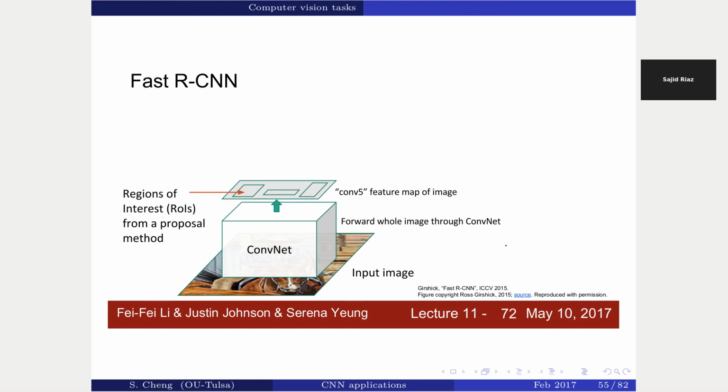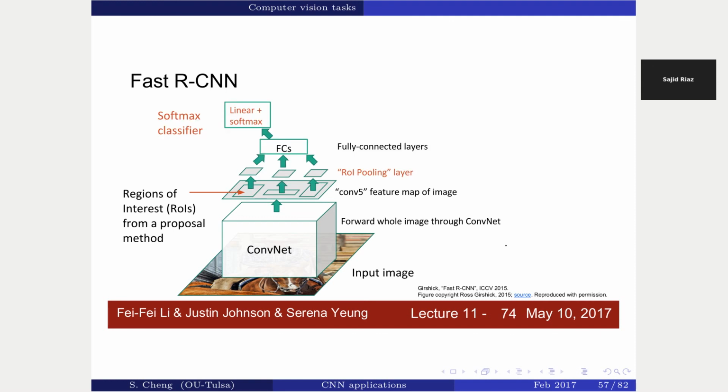Then I go back to each layer and figure out, for a given region proposal, which area corresponds to it and what coefficients correspond to it. Then I take those coefficients out, do some pooling, and add some fully connected layers, and so on and so forth. And then the rest is more or less like other classification.